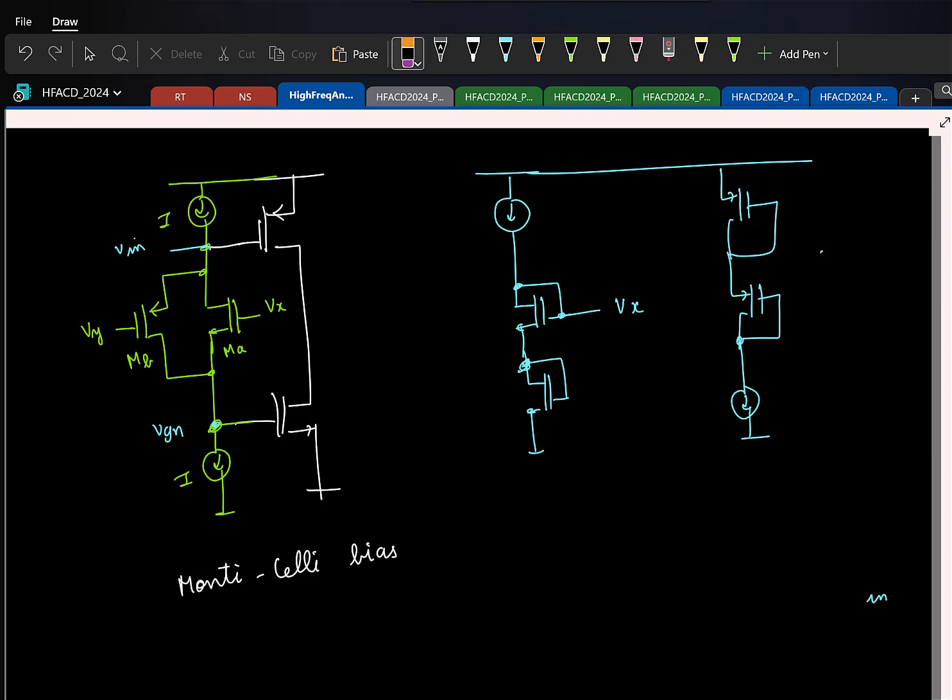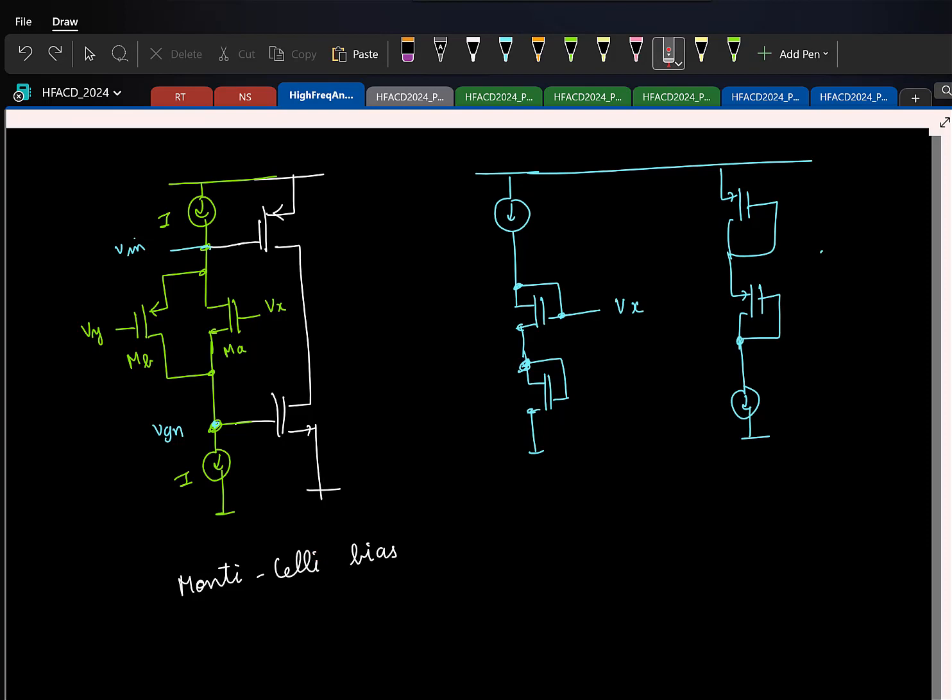So bottom line is, if you want to drive a resistive load and if you want to get maximum swings, that is, rail to rail swings from 0 to VDD, you use a class AB for the output stage. That essentially means you use both NMOS and PMOS for amplification without fixing a tail current, without fixing the bias current to a constant.